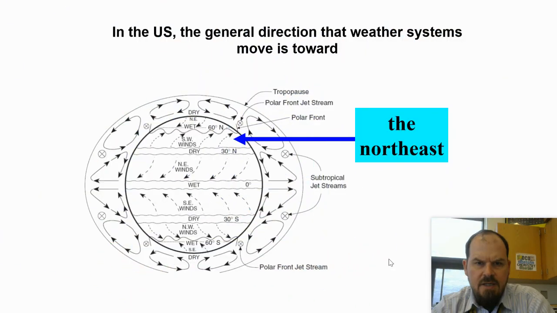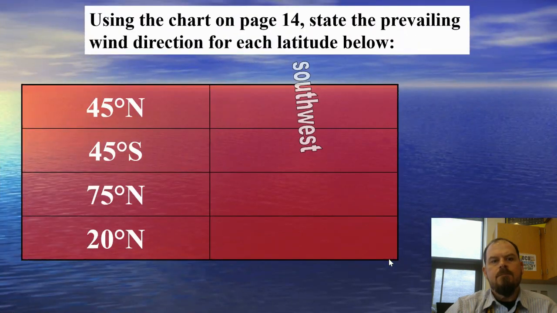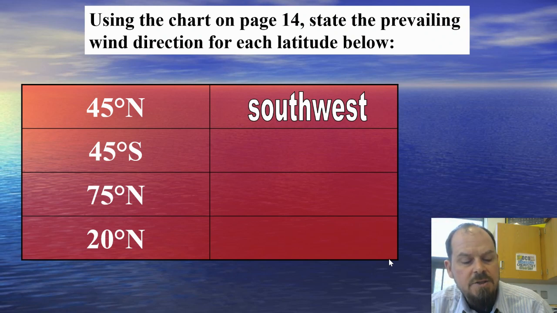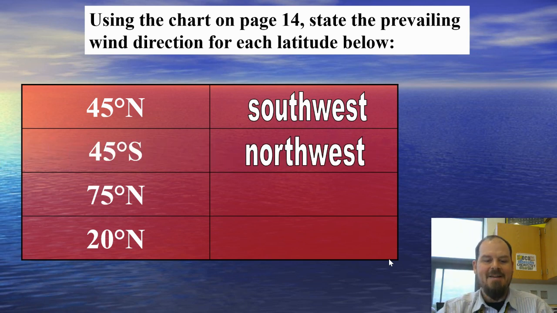So 45 degrees north is where this picture is actually pointing. 45 degrees south is going to be the opposite. So when I look at 45 degrees south on the picture, I can tell that it's going to be a northwesterly wind, because it's between 30 south and 60 south.